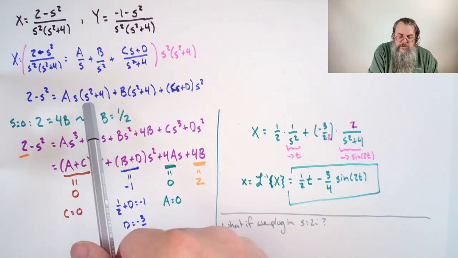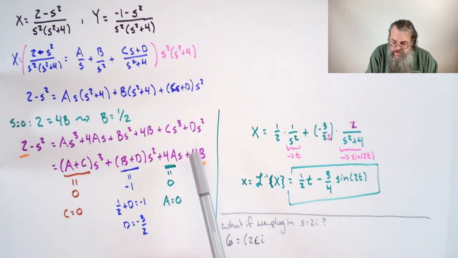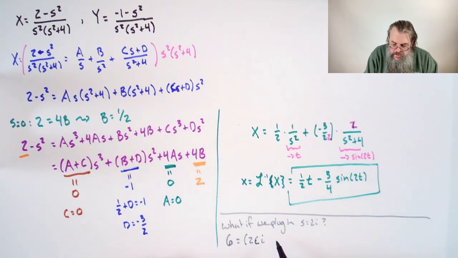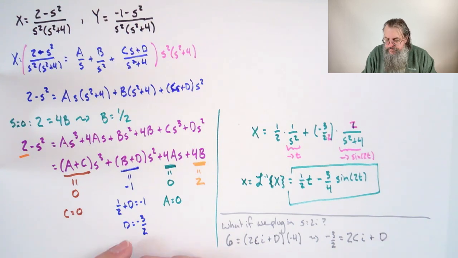Equals 0, 0. And here we would get 2c times i, because we're plugging in 2i, plus d times -4. Or we say, well, okay, that's really minus 3/2 is equal to 2ci plus d.